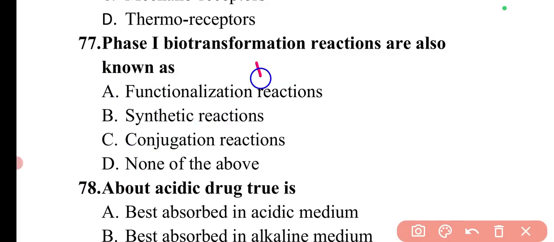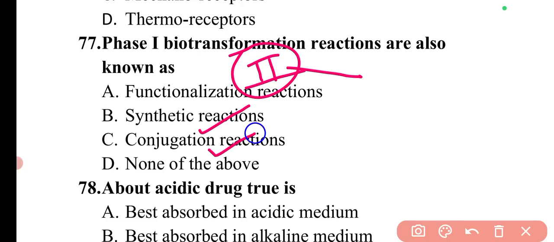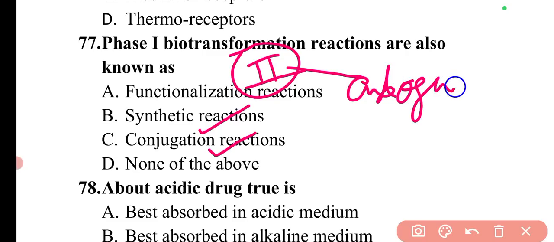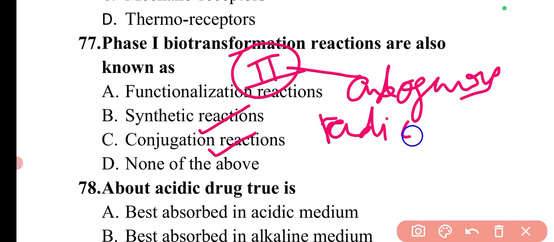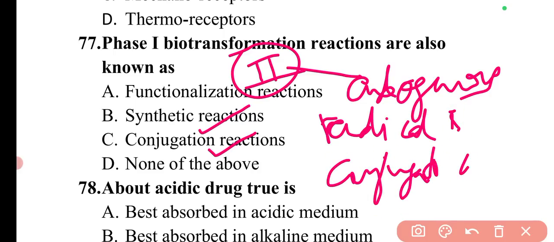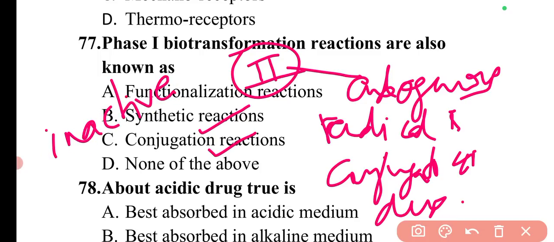Then there are phase 2 biotransformation reactions. In phase 2 biotransformation reactions, these reactions are also known as synthetic reactions or conjugation reactions. And in this type of reaction, an endogenous radical is conjugated to the drug, and the metabolite is mostly inactive except a few things.